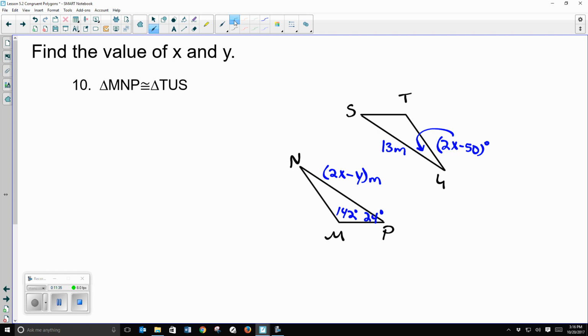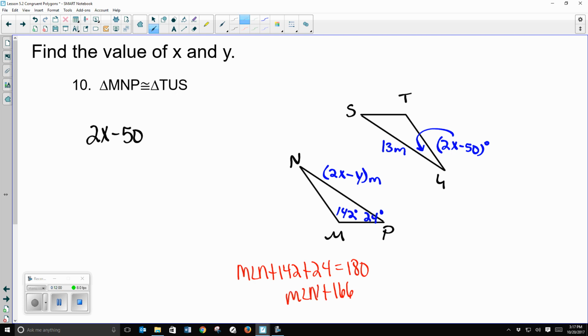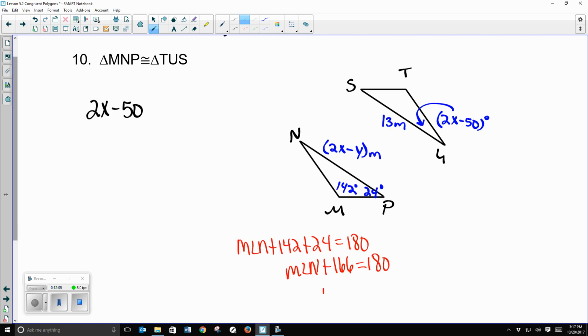I want to do the 2x minus 50 because I can set it equal to something. And it is equal to, let's see, U and N are congruent. And I can find the measure of angle N by subtracting. So the measure of angle N plus 142 plus 24 is equal to 180. So the measure of angle N plus 166 is equal to 180. The measure of angle N, when you subtract 166 from both sides, is 14.